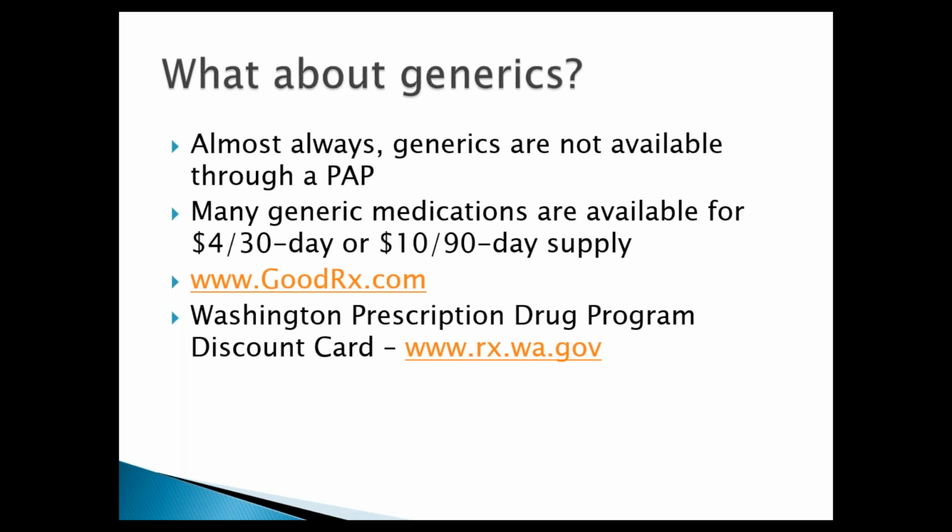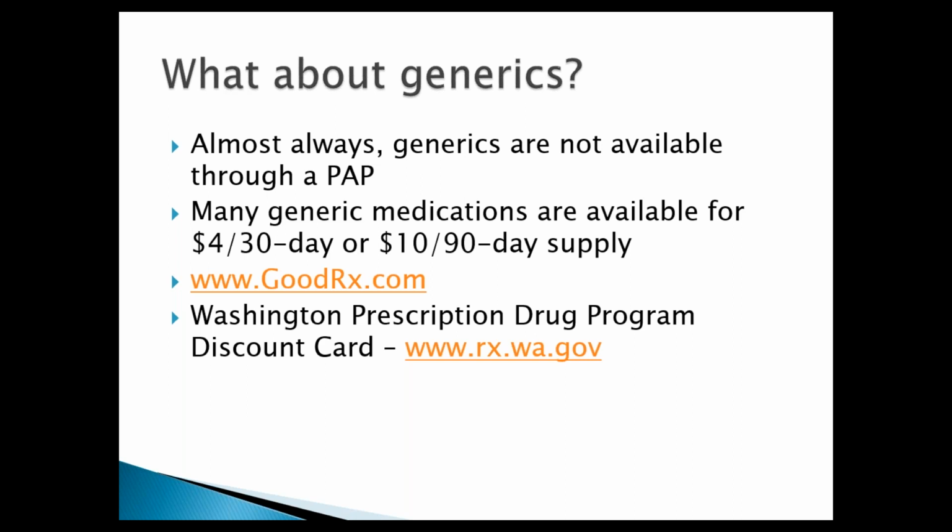That does happen. The other discount program that I refer to people to a lot is the Washington Prescription Drug Program, their discount card. And you can get information from that and sign people up for that discount card at www.rx.wa.gov.